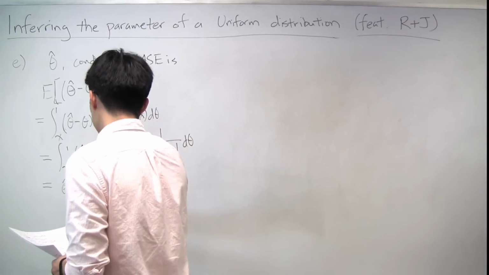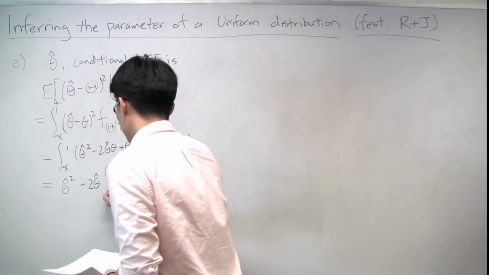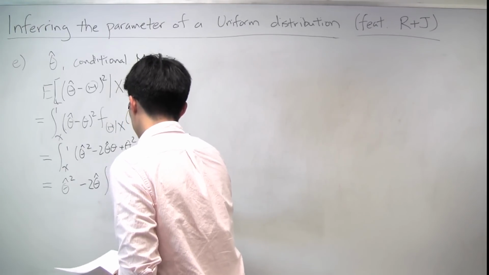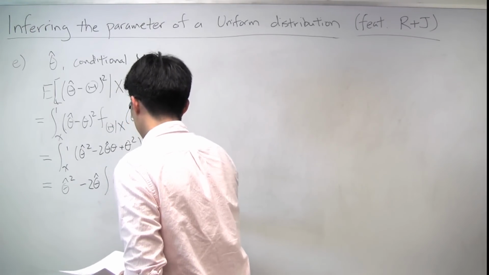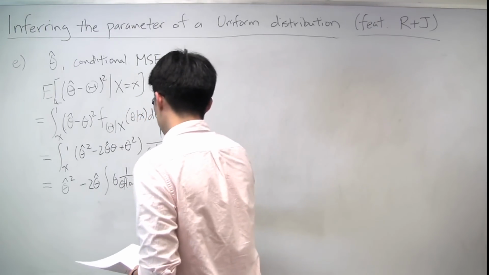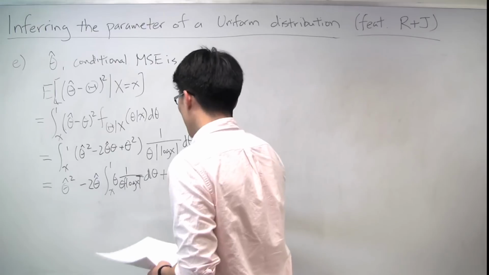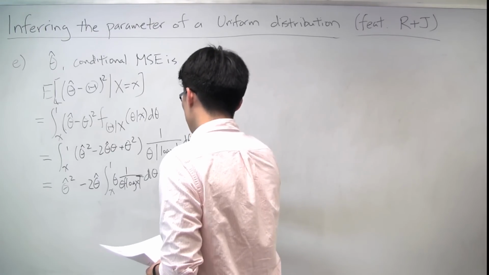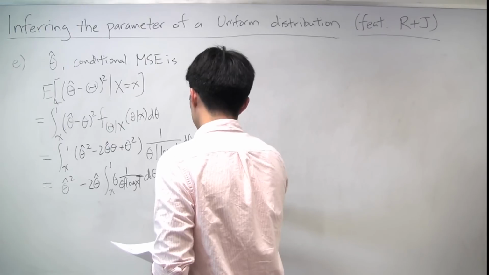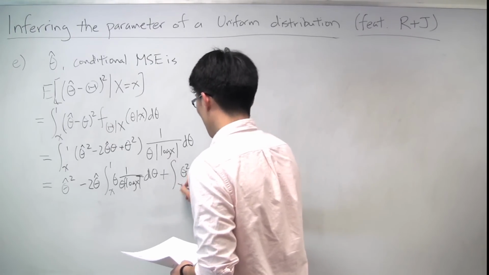Now the second term, you can pull out a 2 theta hat and integrate theta times 1 over theta times absolute value of log of x d theta from x to 1. And then the last one is the integral of theta squared times 1 over theta times absolute value of log x d theta from x to 1.